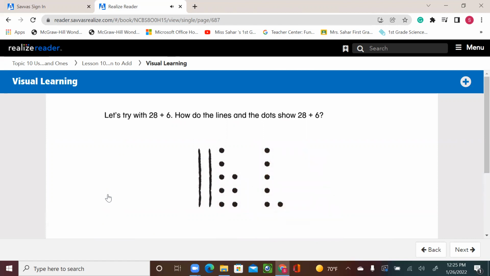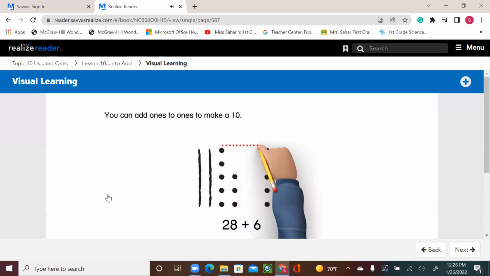How do the lines and the dots show 28 plus 6? 28 is shown with 2 groups of 10 and 8 ones, and 6 is shown with 6 ones. You can add ones to ones to make a 10.